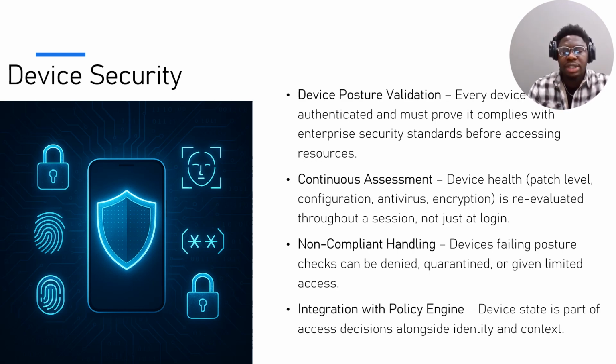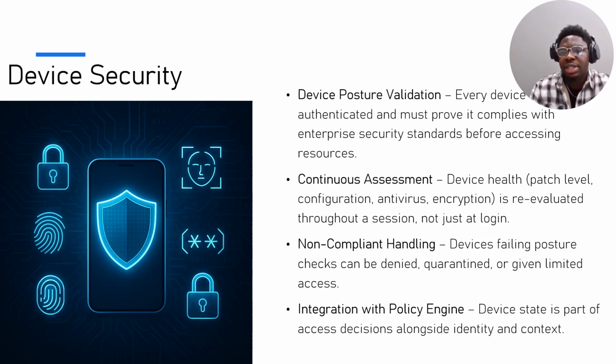When some companies give you their company laptop, the moment you step out of the company, if you try to access anything on the company's database, it won't work, because it only works in the vicinity of the company or for people that work from home. The company sets up a VPN for them to be able to access their work from home. If they take it out of their home address or out of that area, it no longer works. That's device security, device posture validation.